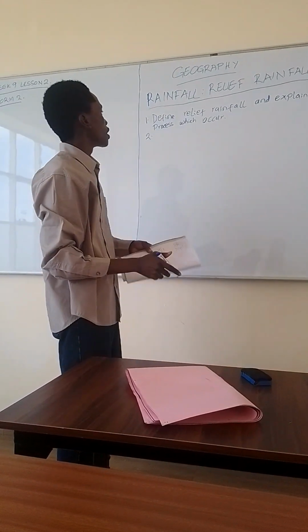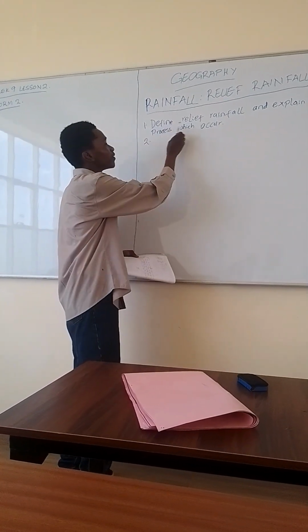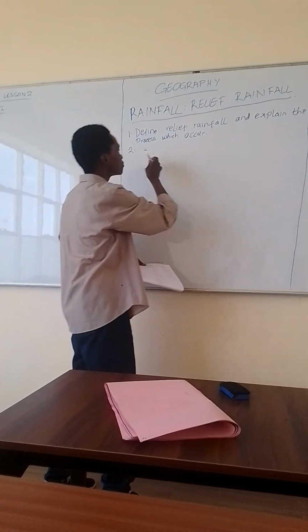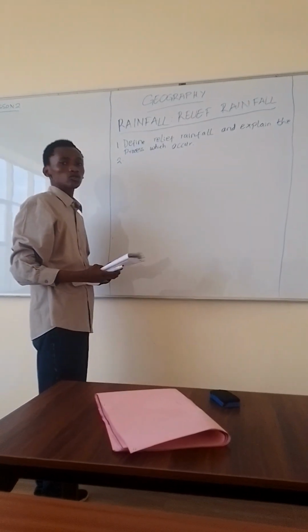So our objective number 1: define relief rainfall and explain the process which occurs.